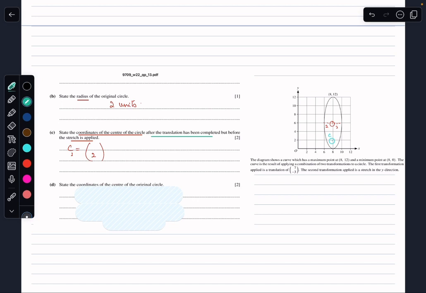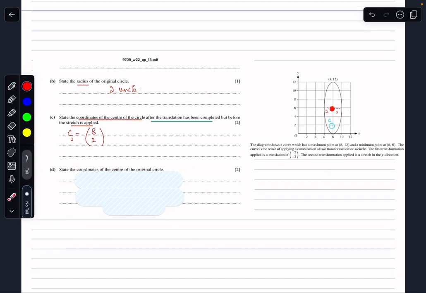Let's get the answer here. What we can say about this point, after the stretch, this point has coordinates which are 8 and 6. So, we have decided that the scale factor was 3, and the y coordinate here is 6. Therefore, as we have applied the stretch factor, this 6 should get divided by 3, giving the y coordinate as 2.